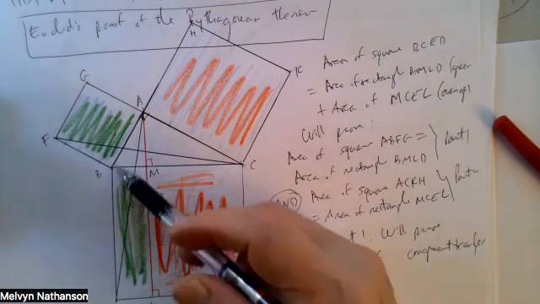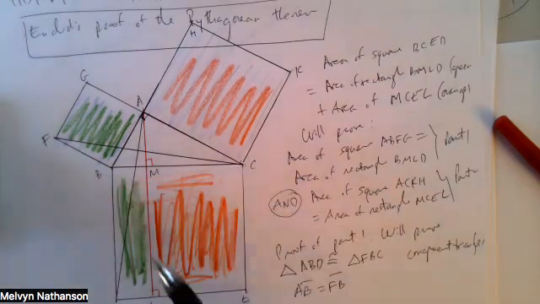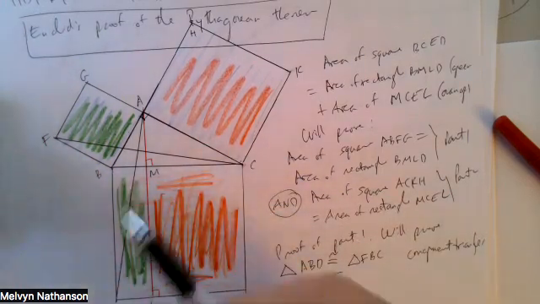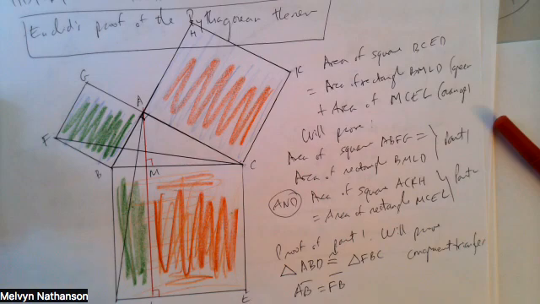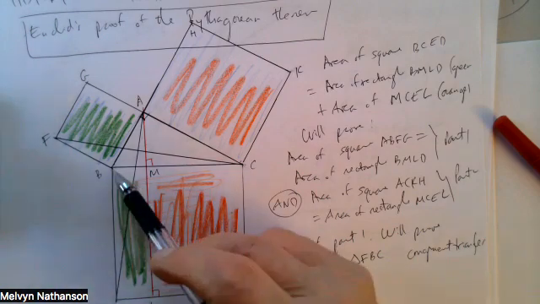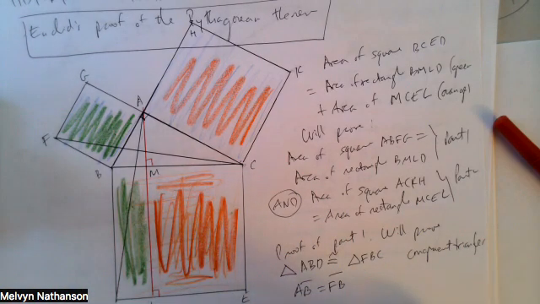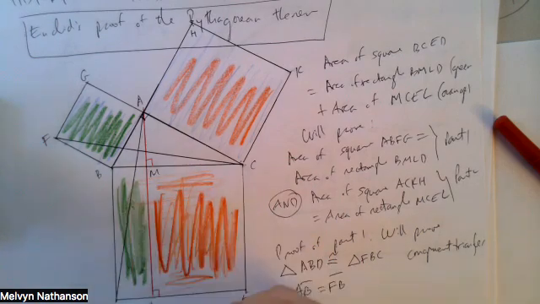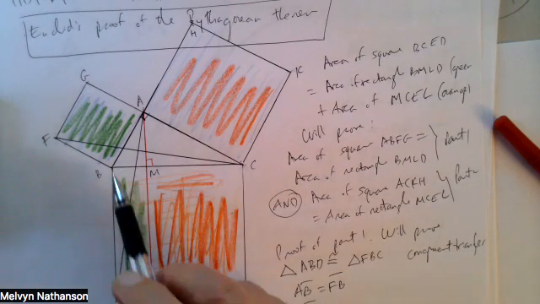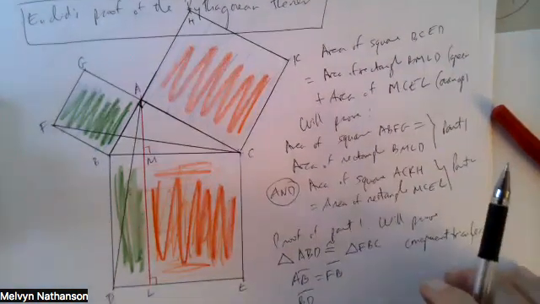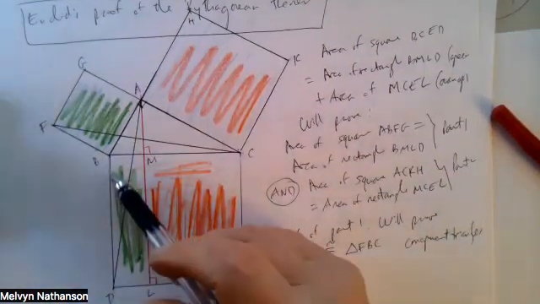Now, again, we have a square here, BCED. The side BD is one side of the square, and BC is another side of the square.